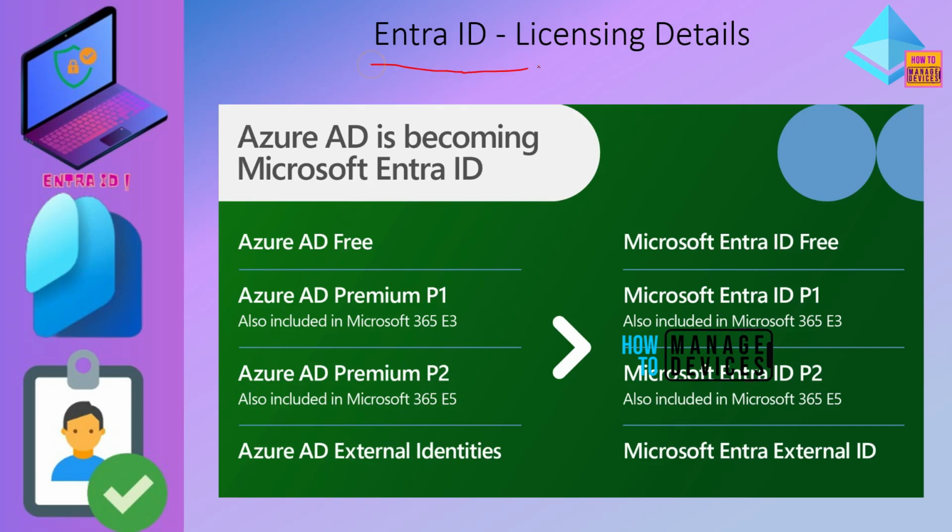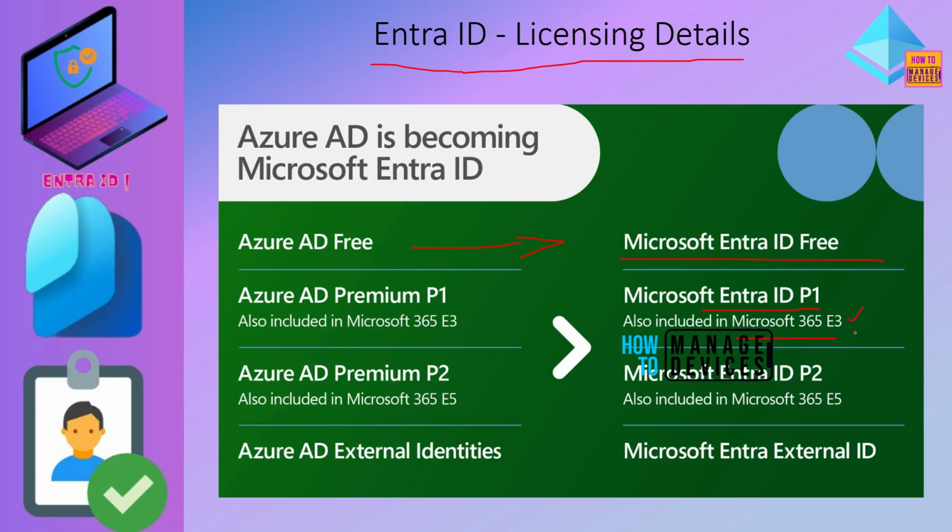Let's look into Entra ID licensing details. If you are familiar with Azure AD licensing details, this is the same for Entra because it is just a rebranding. Entra provides free Entra ID, and then there is the Microsoft Entra ID P1 license, and that is part of Microsoft 365 E3.